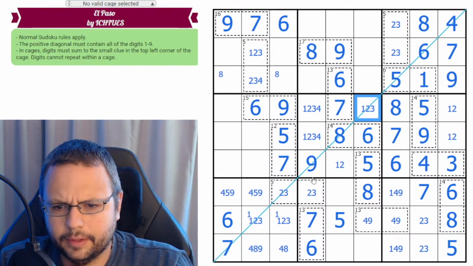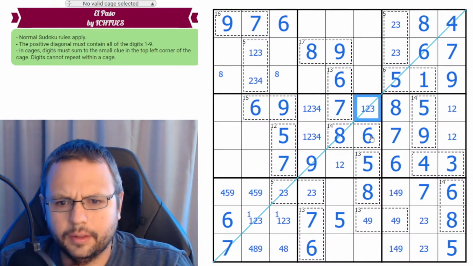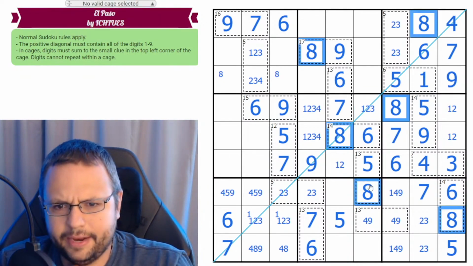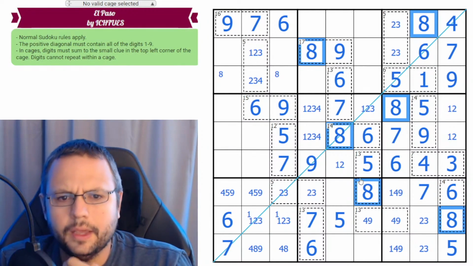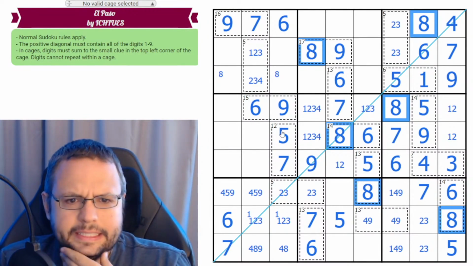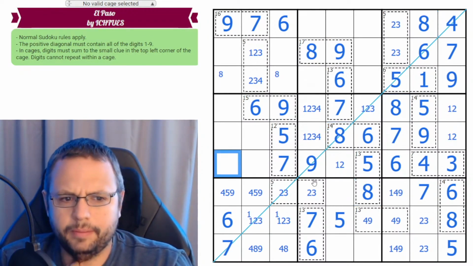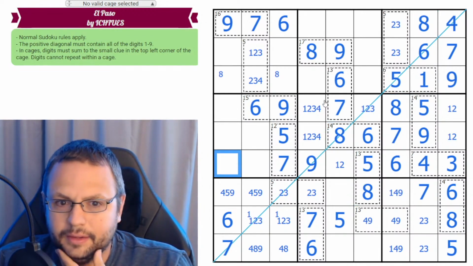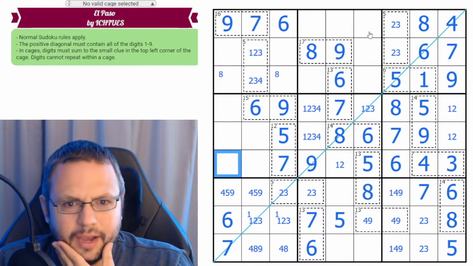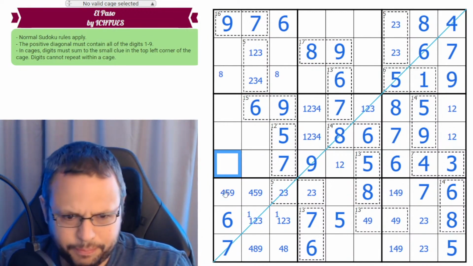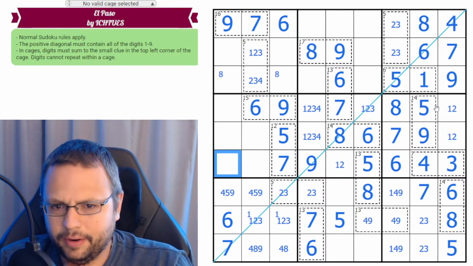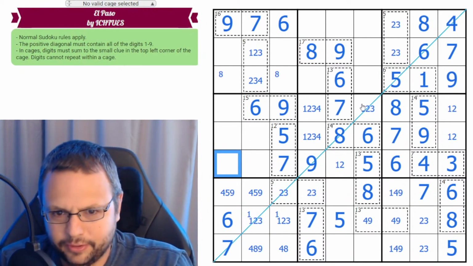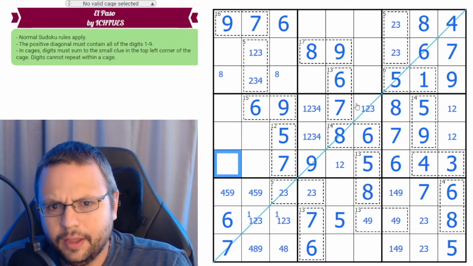Let's see. Okay, I've got almost all of my 8s, but not quite all of them. And in this instance, I've got not quite all of them in a way that is very, very unfortunate. They're disposed in that annoying way where they're in 2 of each places that don't align or do anything interesting. Okay.